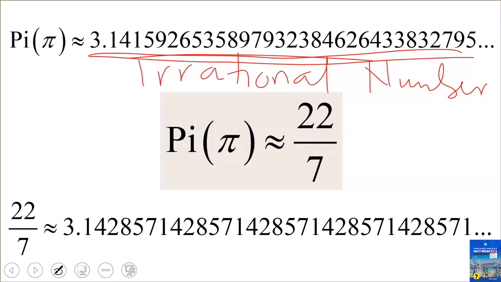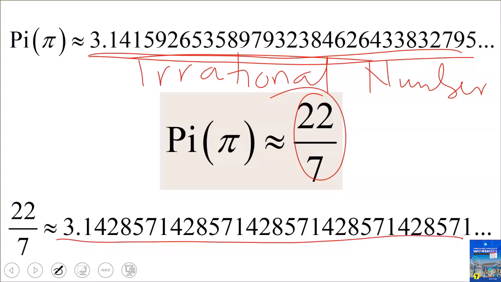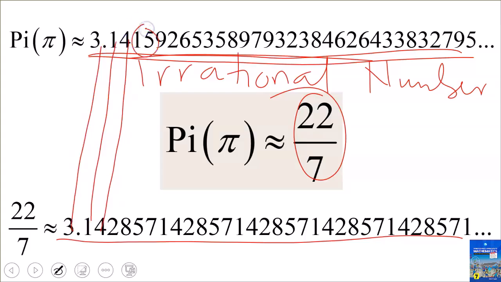Now observe a number called 22/7. That one too, if you put it on a calculator, it will give you a value of this sort. Look at the first 3 digits: 3, 1, 4. This few digits is equivalent to pi.